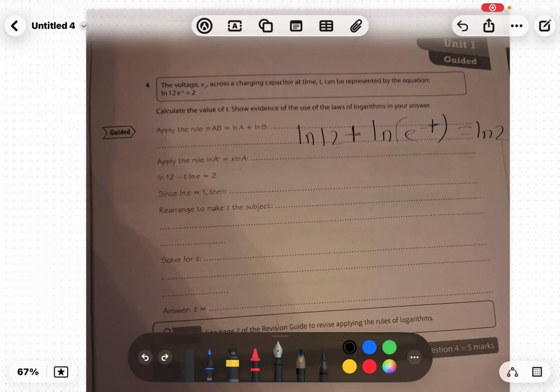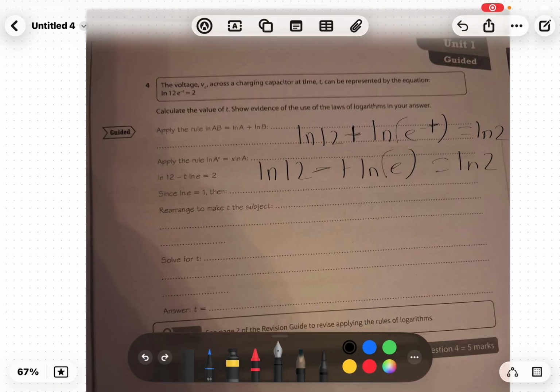After that, we're able to use the rule. I don't know what the names are, but the power is able to be moved before the log, so it will transform into this. They literally give it: ln 12 take away t ln e equals ln 2.